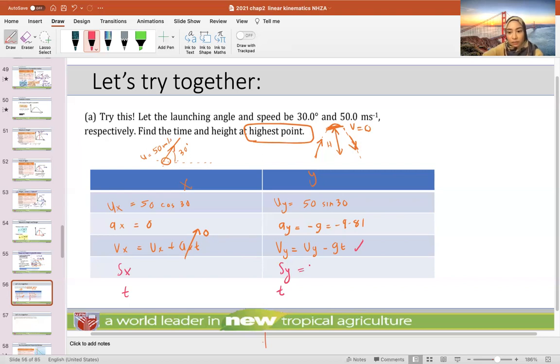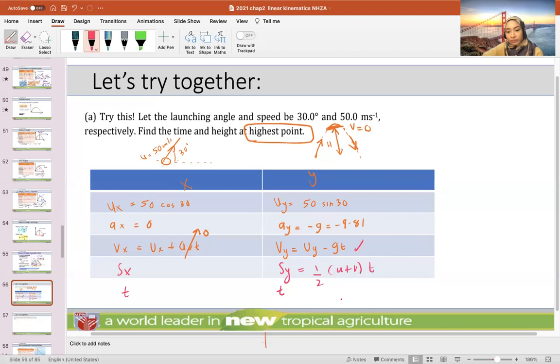Okay, anyone wants to help Nurin? What is the equation? 1/2 U plus V multiply with T. Sekejap. Equation apa tu? 1/2. Sorry. Okay, 1/2 U plus V T.